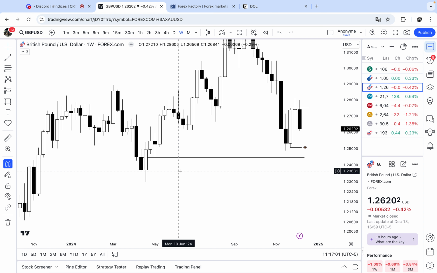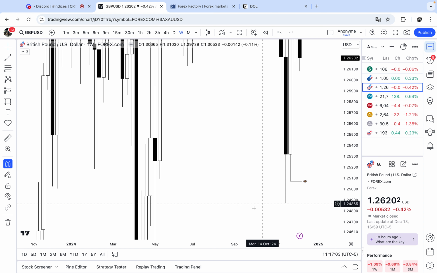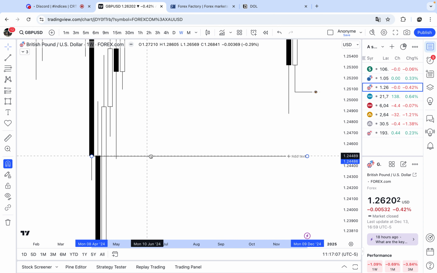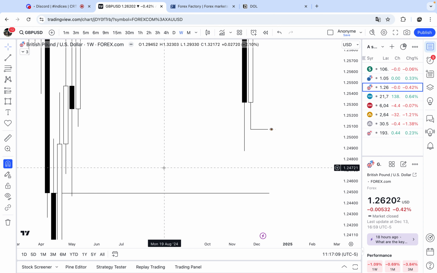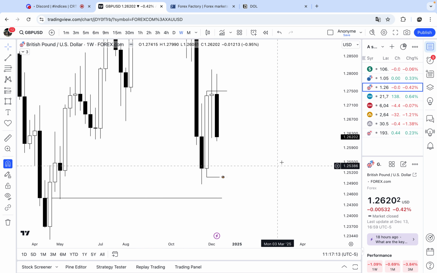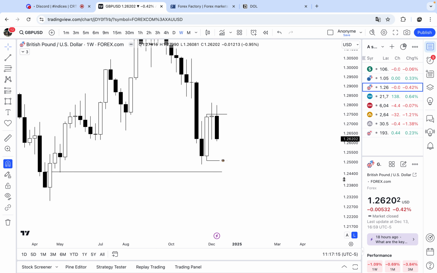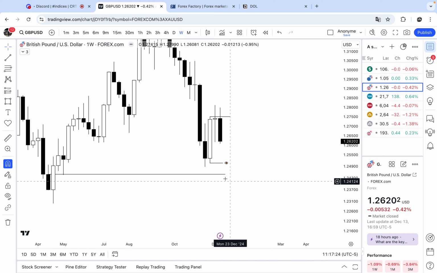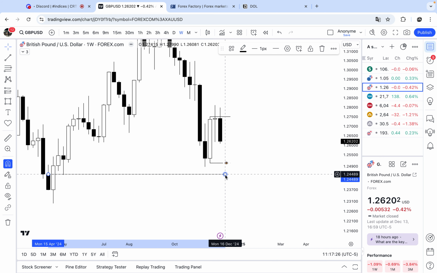It's really good. Did it get respected? Yes, it got respected. It's okay, because an order block can be respected two, three, four times. So it got respected one time, and it can be used as a support. So this is a drawn liquidity.